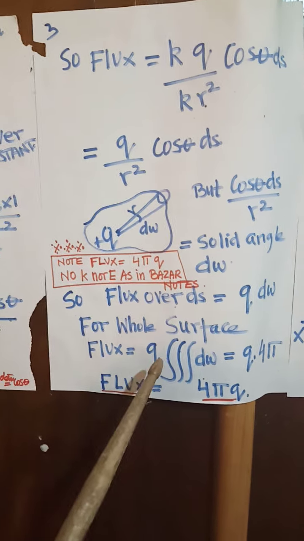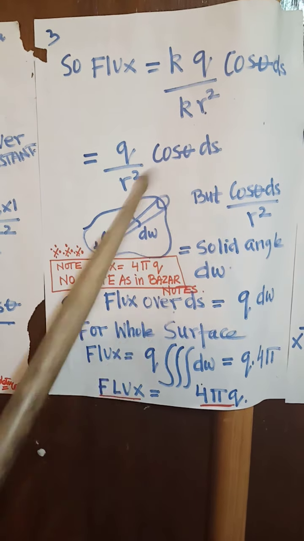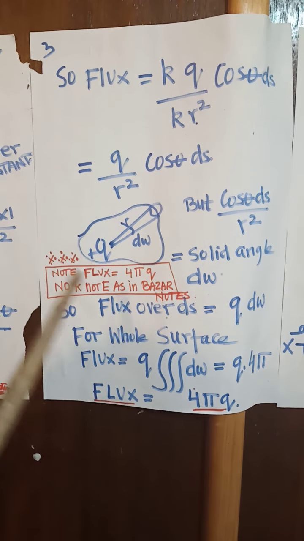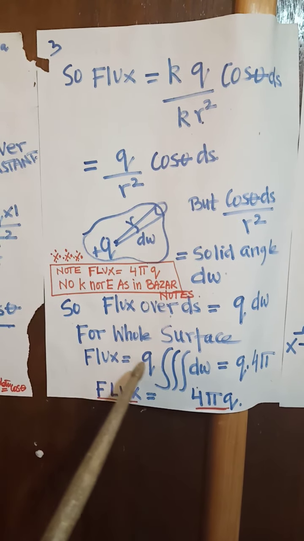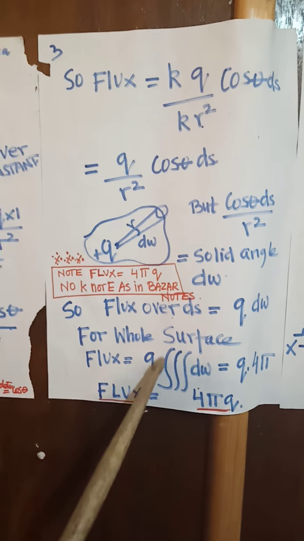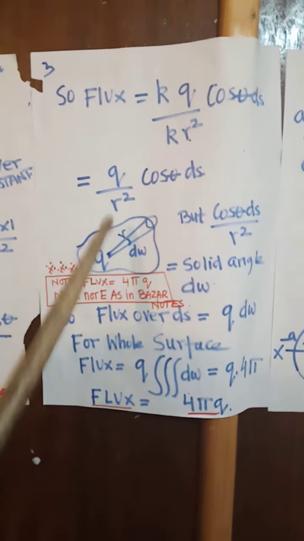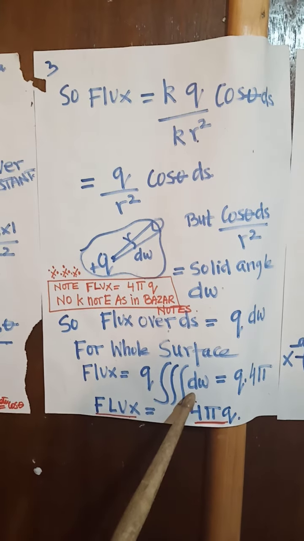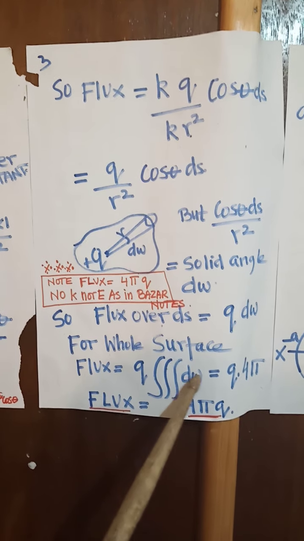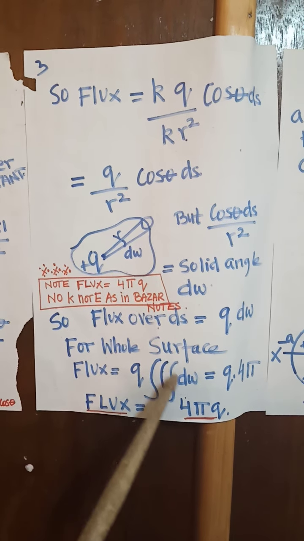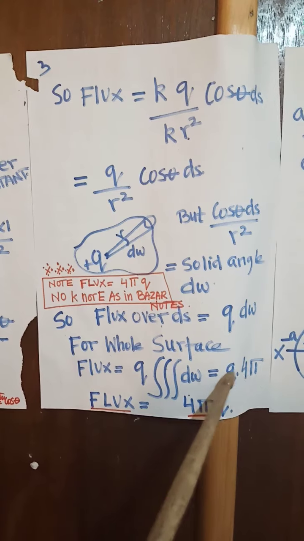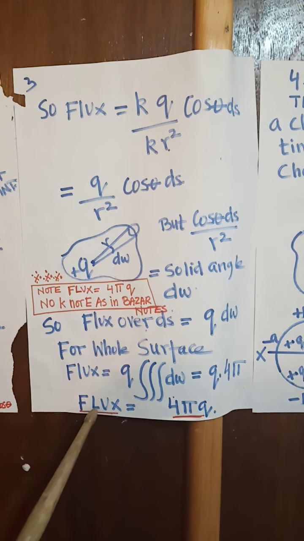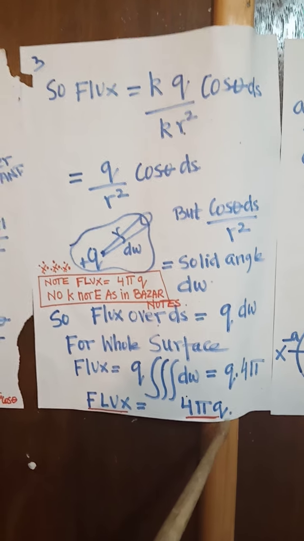So now the flux over that whole area of the closed surface will be Q times the integral, because it is three dimension, Q times the integral of the solid angle d omega. And we should know the total d omega is 4 pi. So flux is 4 pi Q.